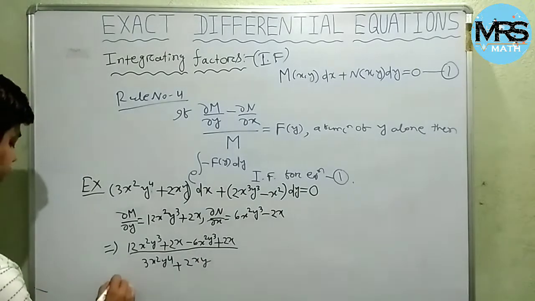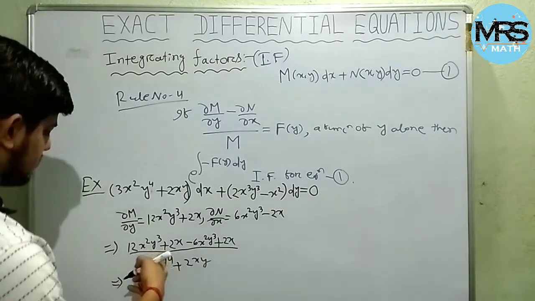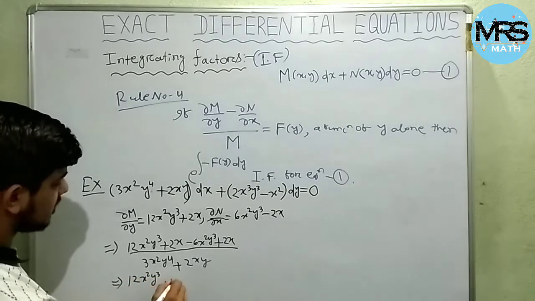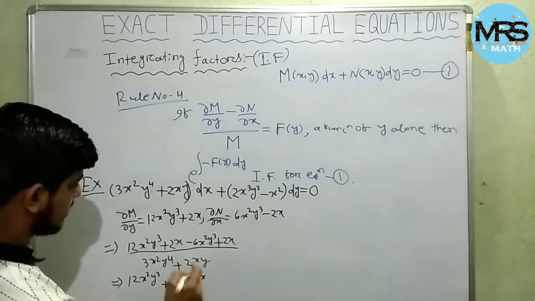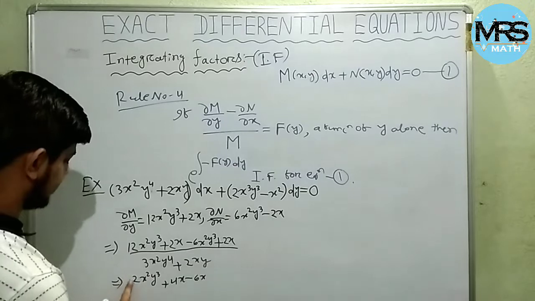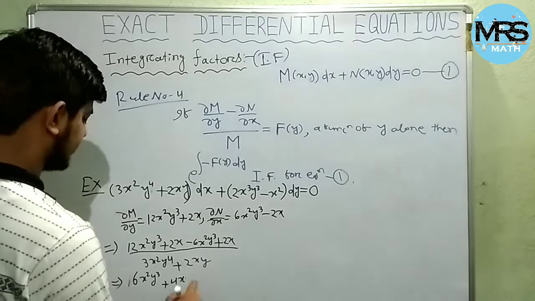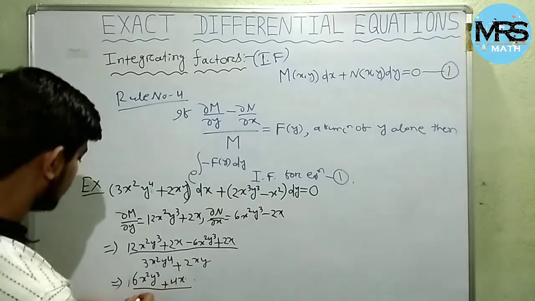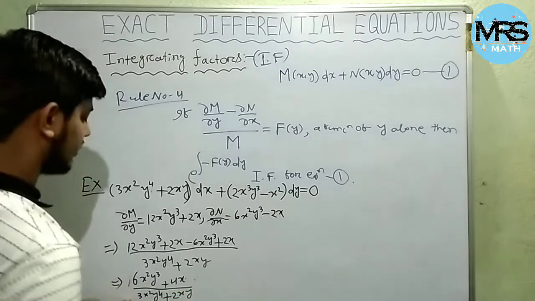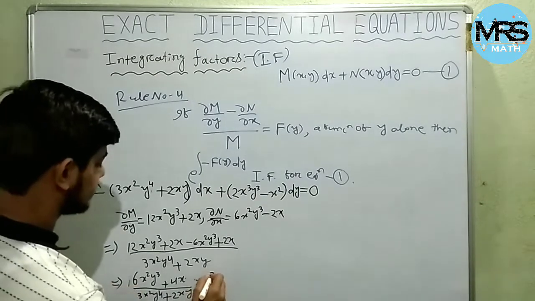Okay students, now you can see that here you can take common 12x square y cube plus 4x minus 6x square y cube, right? So this one it will become 6x square y cube plus 4x over 3x square y fourth plus 2xy. Okay, now this one you can take common as 2x, correct?